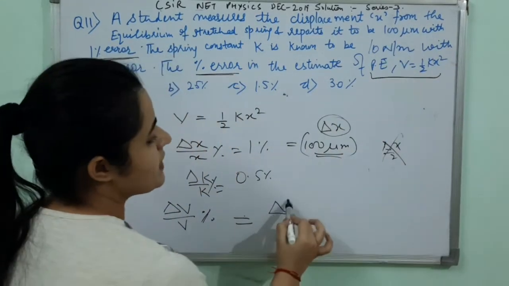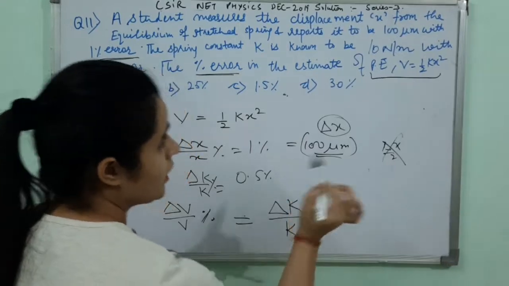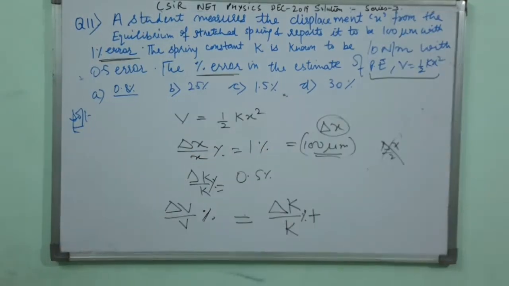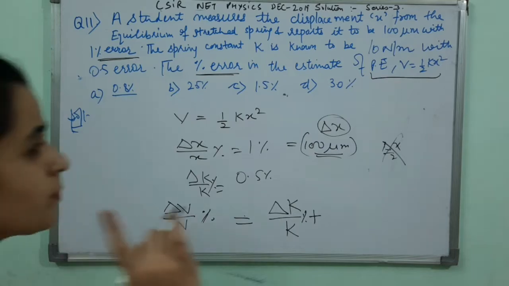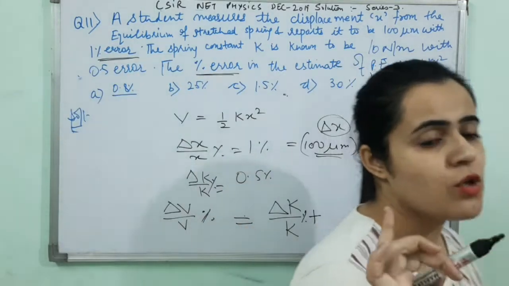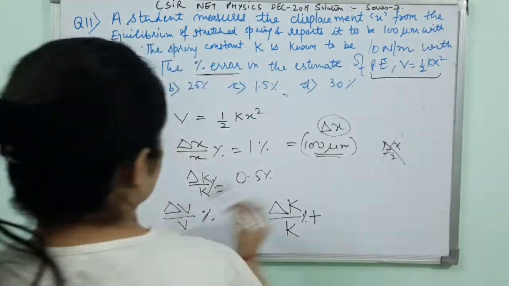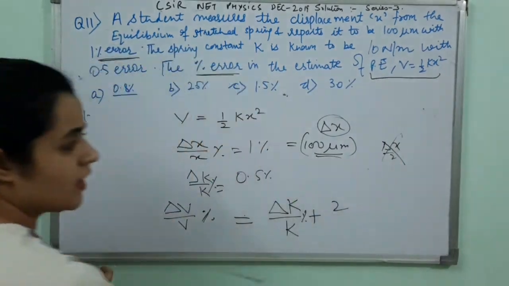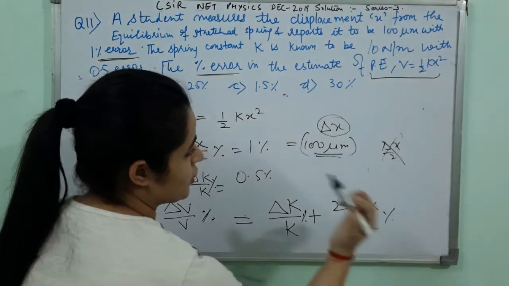So the next step is delta k by k percentage plus, and what is the question? The question is given x square. Just remember derivatives while solving these questions. So for x square, the derivative power will come down again, and then there will be delta x by x percentage.